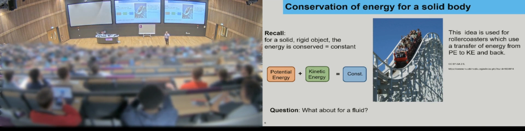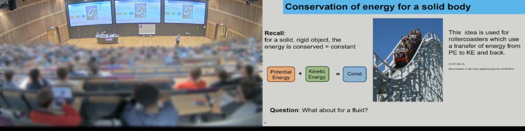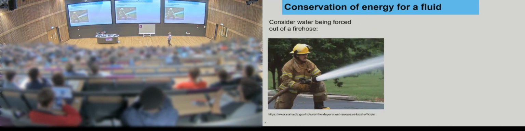But what about a fluid? A fluid isn't a rigid object. The car on this track is a rigid object, but fluid isn't. Fluid moves all over the place. So what happens there? Well, let's consider now conservation of energy for a fluid.